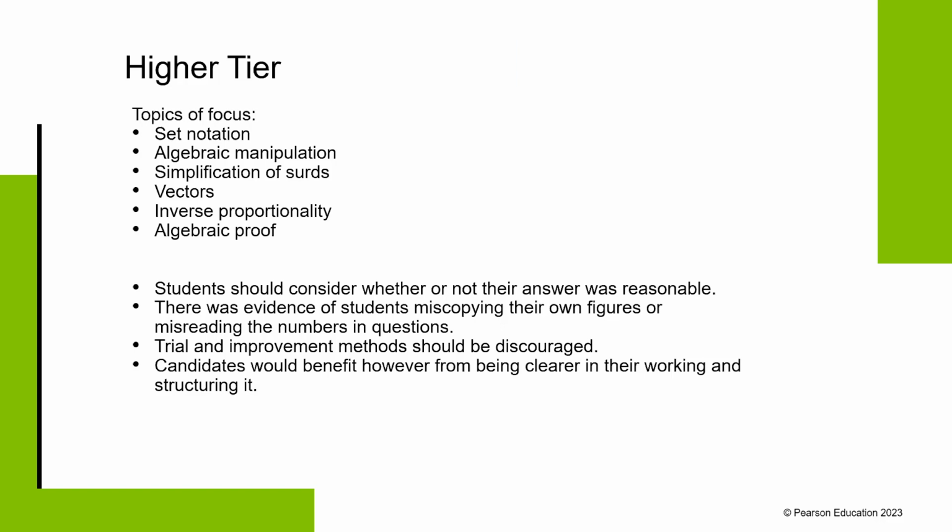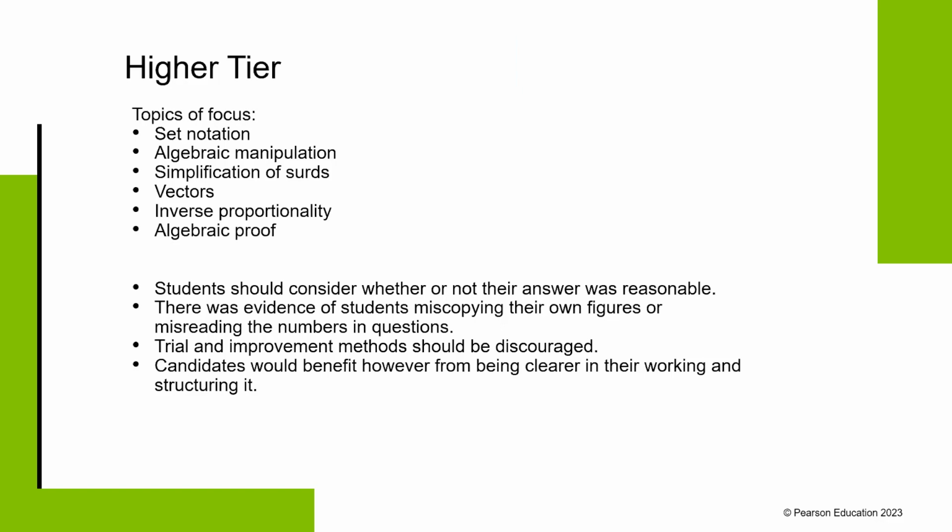There was evidence of students miscopying their figures. So from the question down to their working out space, they're making an error in their figures, or misreading the numbers in their questions. That could just be exam pressure, human error, but just a point to note to students as well. Trial and improvement, even when solving equations or solving problems, there's lots of students trialling it: I'm going to try this number and see if it works.